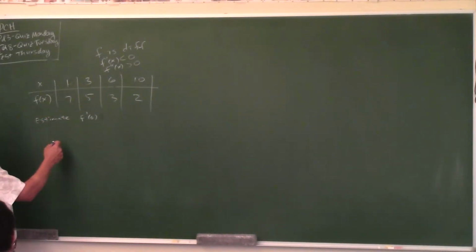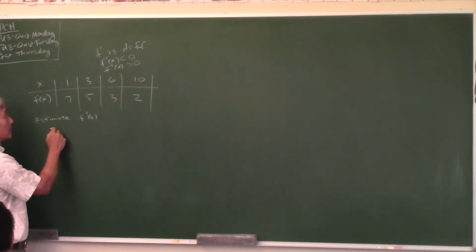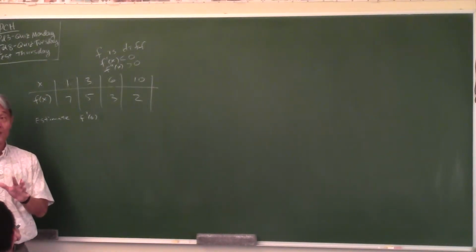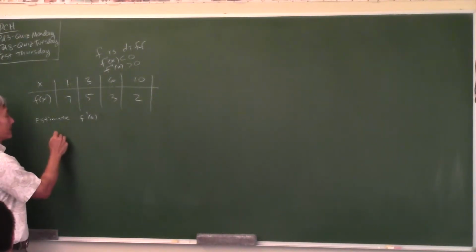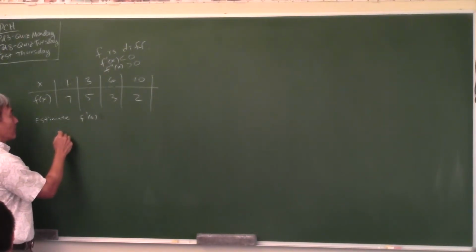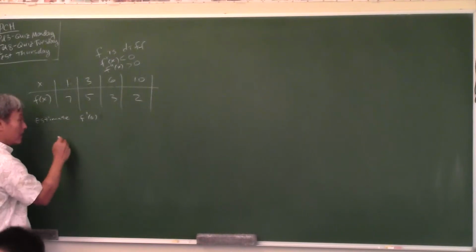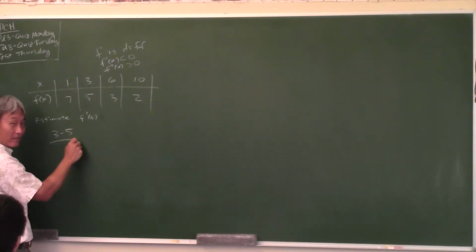Okay, 3's on the bottom. No, I don't want the answer. I want you to write down the slope formula. Remember? Y minus y. Here, I'll do it for you. 3 minus 5 over 6 minus.